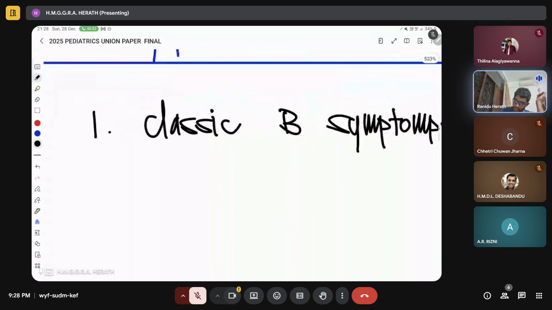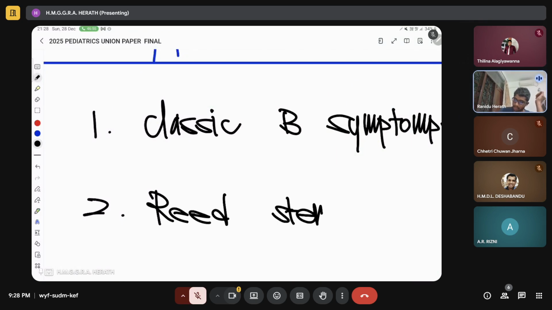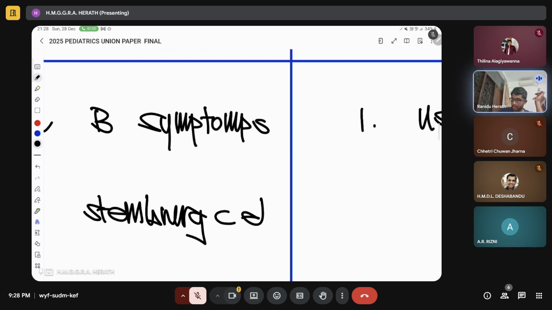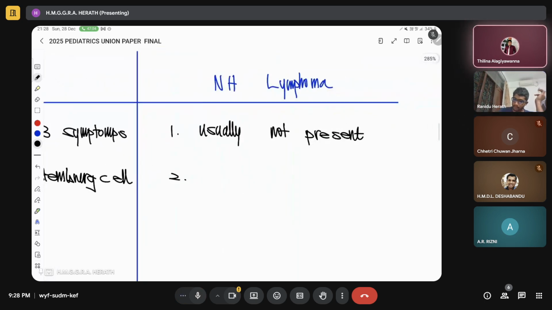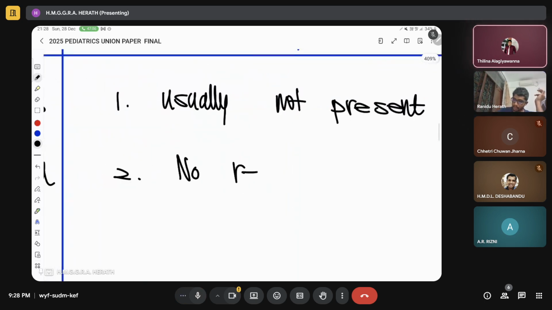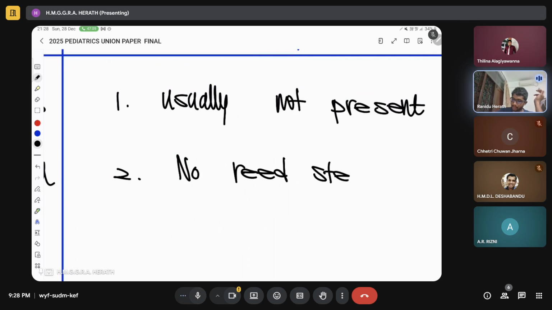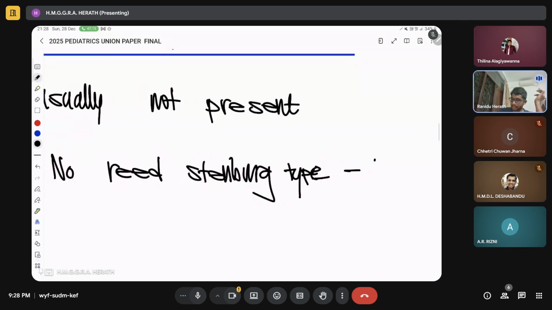Yeah, good. That is called Reed-Sternberg cell, seen in Hodgkin lymphoma. What do you see in non-Hodgkin lymphoma? Okay, no Reed-Sternberg cell, but depending on the histological type, you can see different types of cells for different types of non-Hodgkin lymphoma.